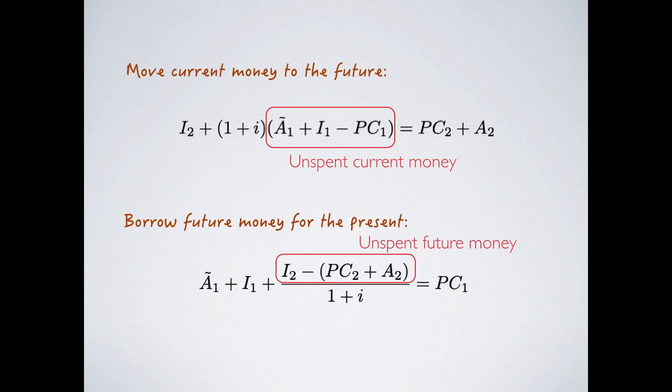However, if you move any future money to today, you have to discount it by dividing it by 1 plus I. So altogether, this will be the total amount of cash that you can use for today's consumption, PC1.